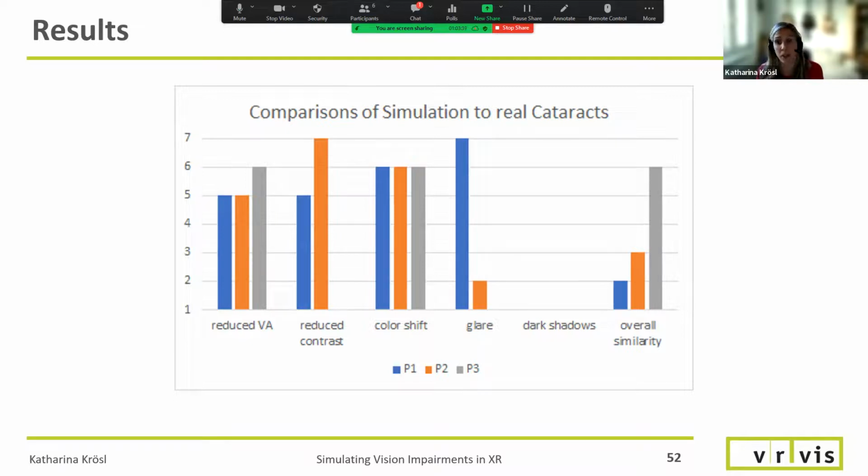Of course, we have to run more experiments to look into this, but one explanation for this comparably bad overall rating could be that each individual symptom was close to what they perceive, but not perfect. So these little differences then add up in the overall impression.